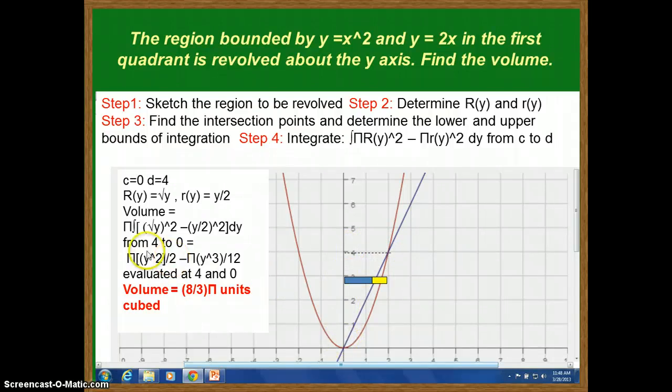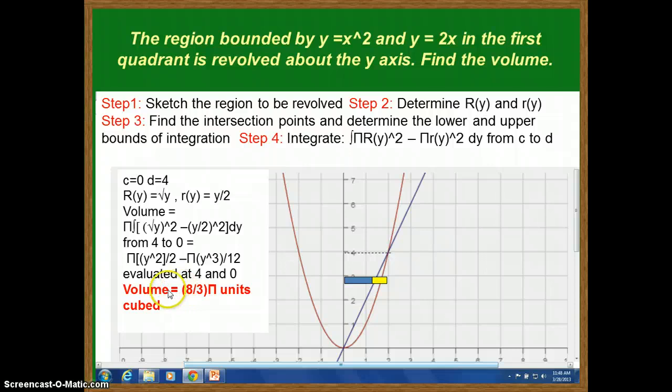So what we want to do is take the integral of pi times square root of y squared minus y over 2 squared, remember that radius has to be squared, and integrate that from 0 to 4. What we get is pi times the quantity y squared over 2 minus pi times the quantity y cubed over 12, okay, evaluated from 0 to 4.